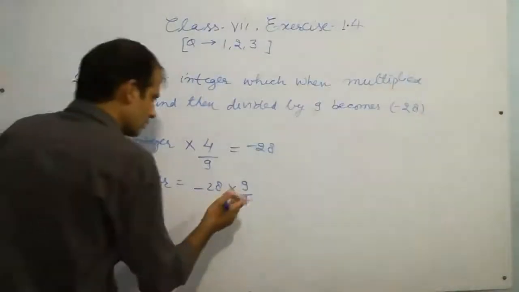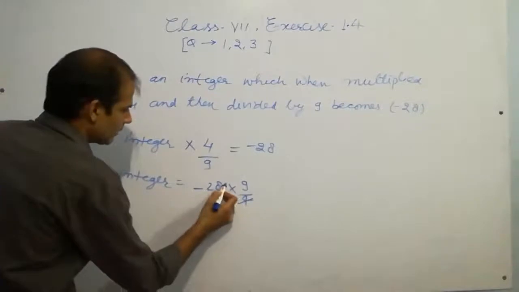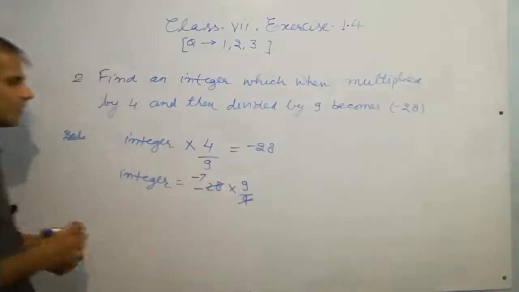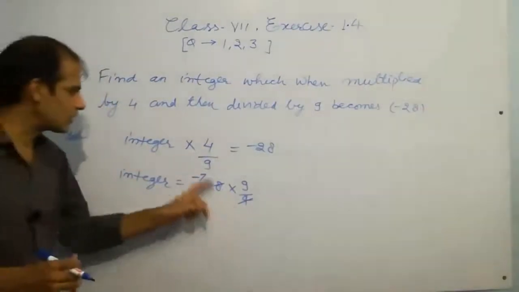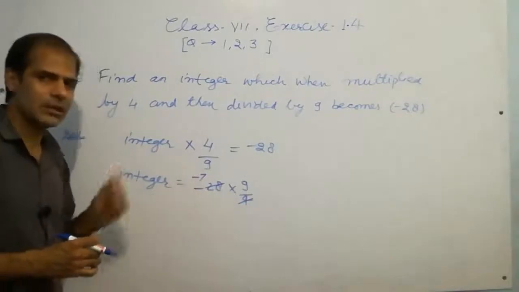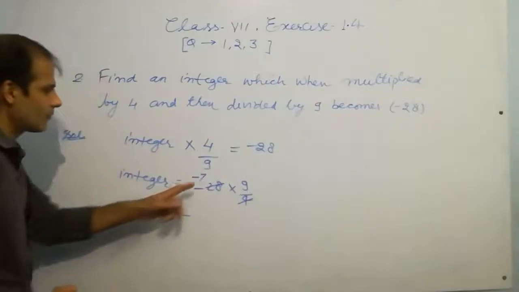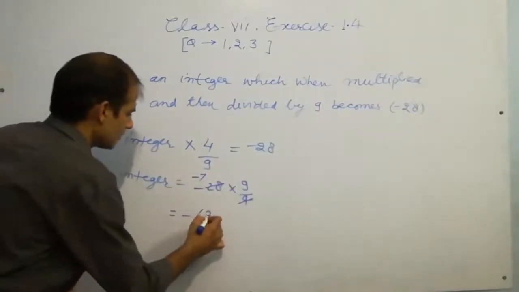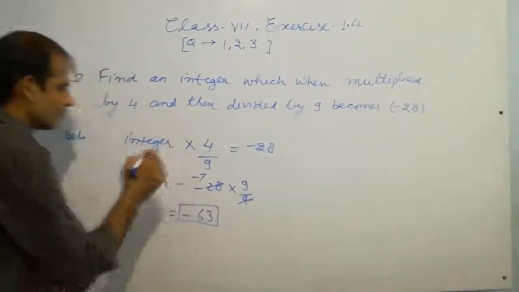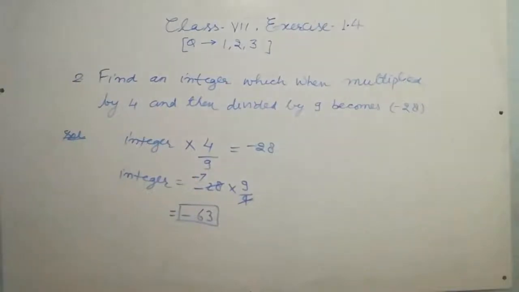Now easily you can solve this, as 28 can be divided by 4. So 4 sevens are 28, with the negative sign it is minus 7, and 7 nines are 63. So the answer is minus 63.